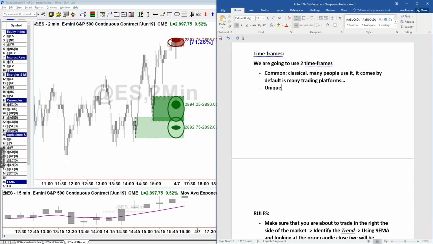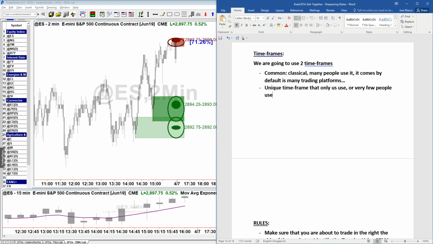That unique time frame that only we use, or very few people use, which is a lower time frame when compared to the common time frame.